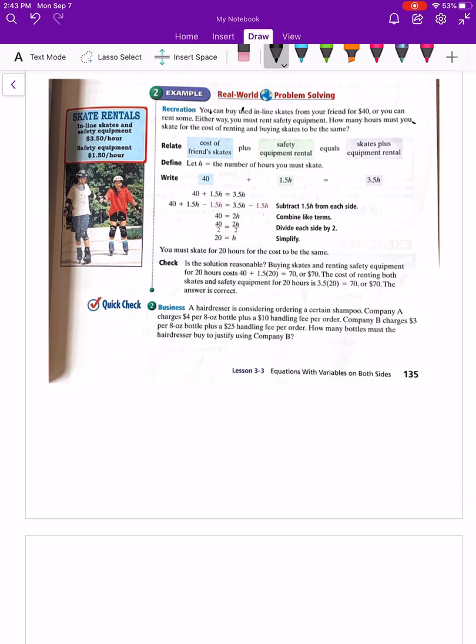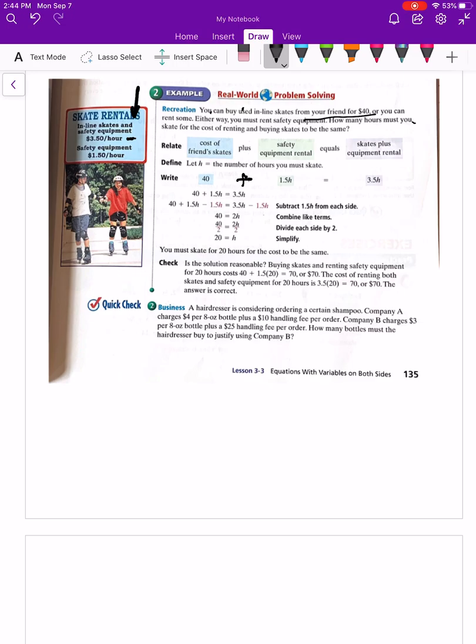So here they know that they can purchase skates, because it says right here, you can buy skates from your friend for $40. And then, so here's that plus, you can rent safety equipment. If you look over here in this little sign right here, it says safety rentals. Inline skates and safety equipment is $3.50 per hour.